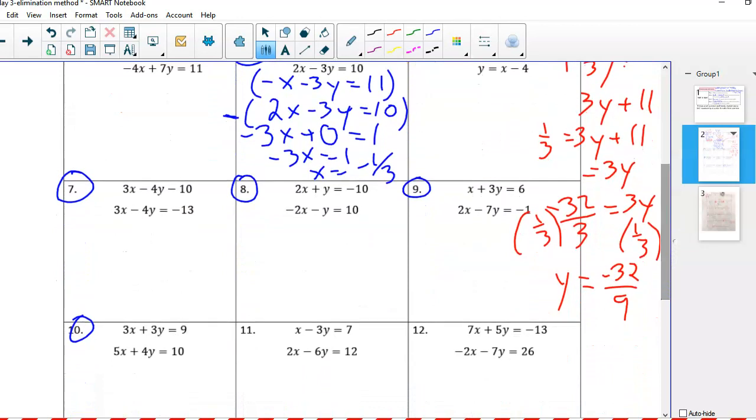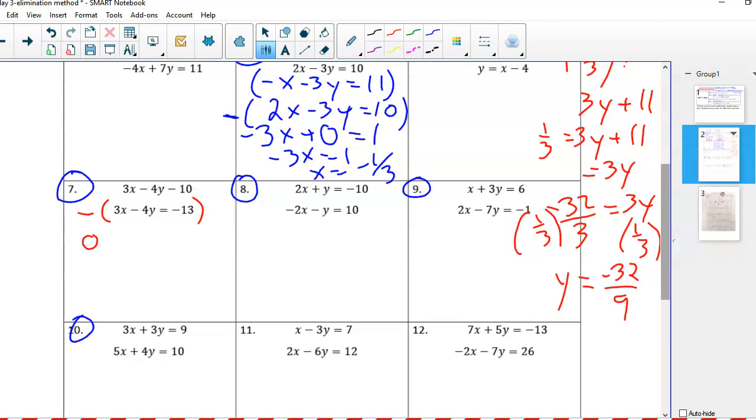Okay. Number 7. Do we have a variable with the same coefficient? Yes. In this case, we have both of them. So, would we add or subtract to eliminate one of them? Subtract. 3x minus 3x is 0. Negative 4y minus negative 4y.